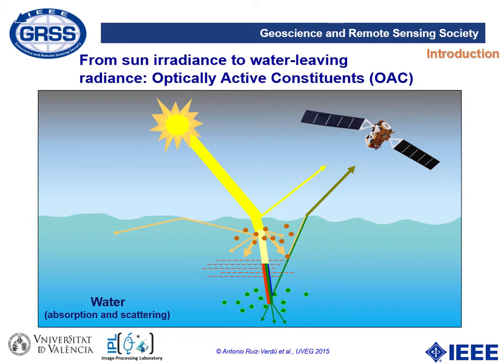But apart from water, there are other constituents that modify this incoming solar radiation. Most important of all, maybe, is the phytoplankton.